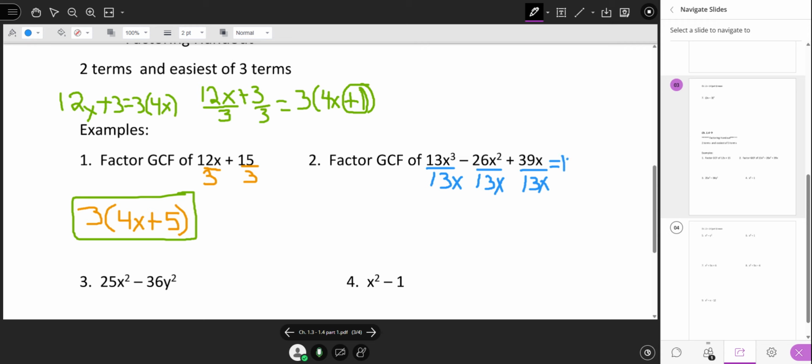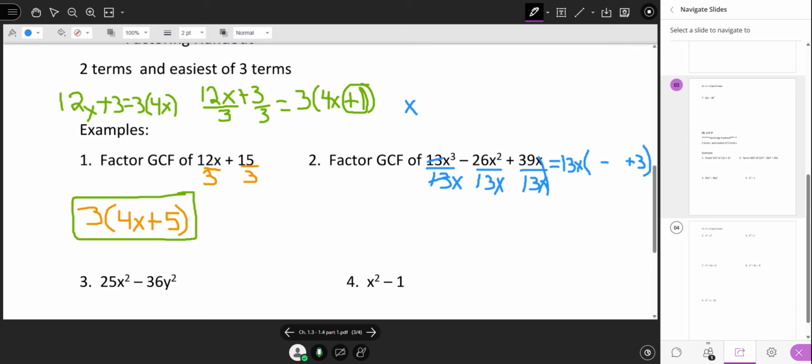So then you put 13x, and then remember, if you've got 3 terms here, you're going to have 3 terms here. 39 divided by 13 leaves 3. x divided by x goes away. 13 divided by 13.